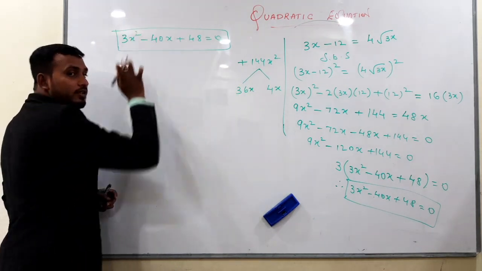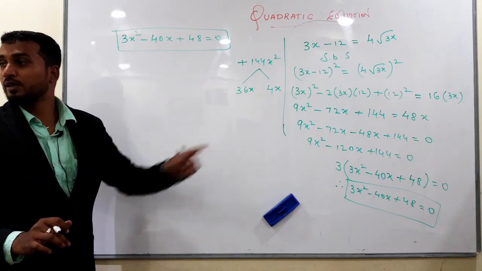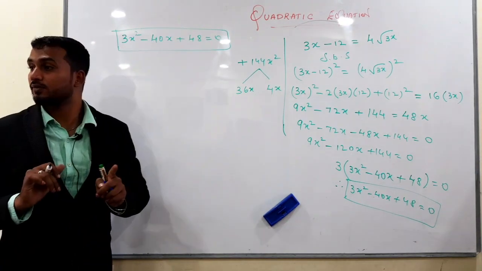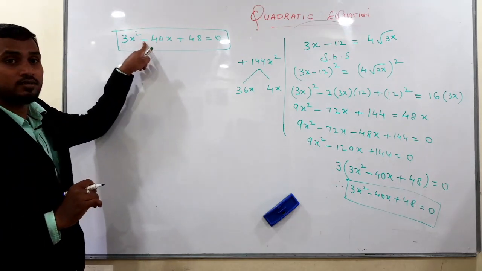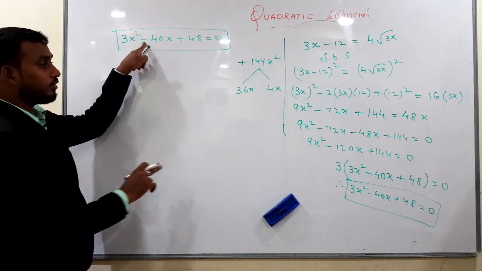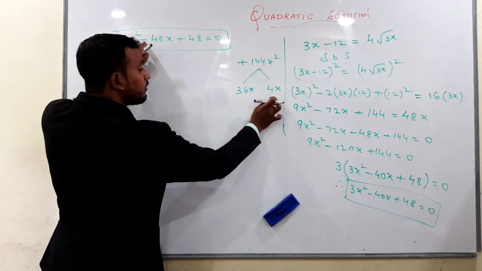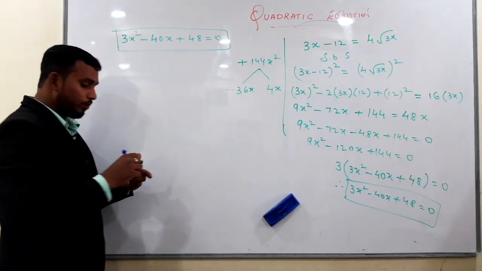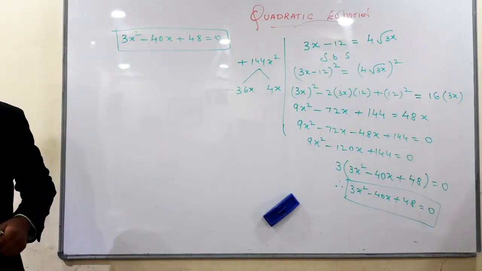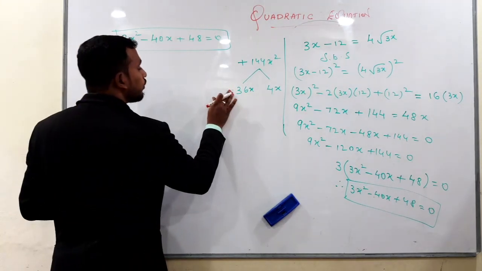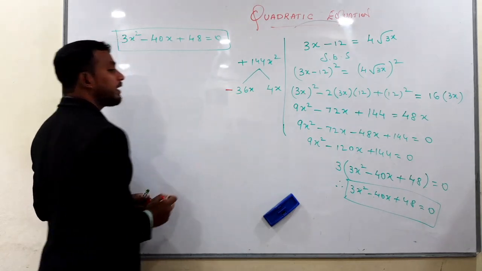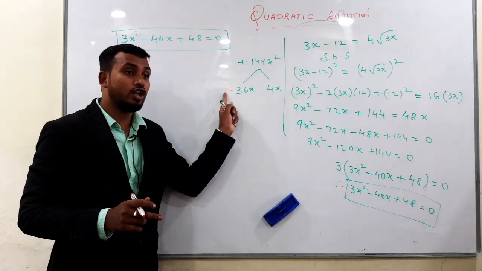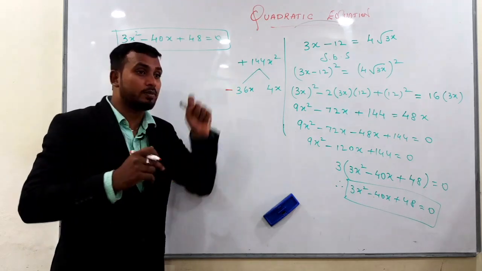The middle term, minus 40. So the middle term sign is minus. Who is the elder son between both? The father gives the property to the elder son, so you have to put the minus sign for the bigger number. Now the elder son will decide how much property to give to his younger brother.